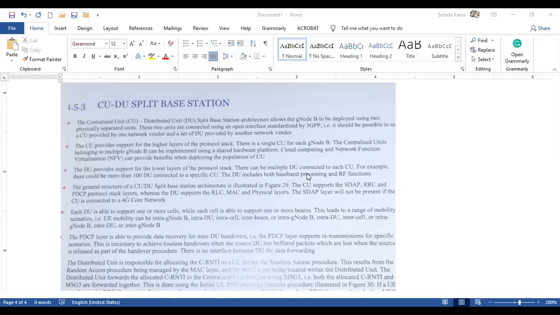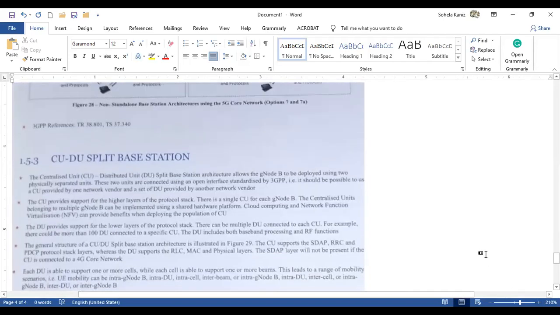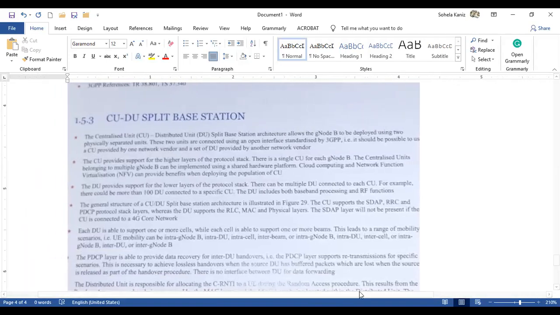Now, in the case of 5G, there is an option that you can have a centralized unit. The base station can have additional splitting.